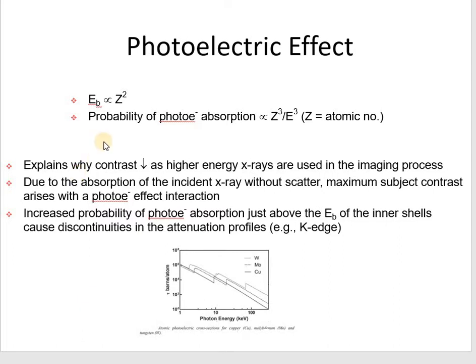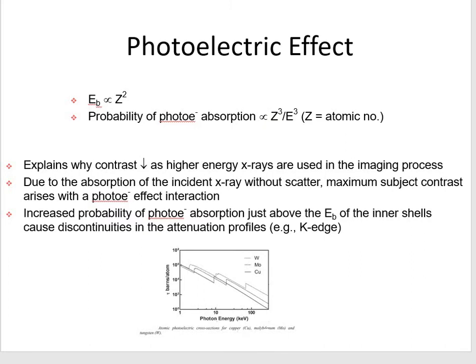Number 2, the probability of photoelectric interaction is directly proportional to the atomic number to the power 3. So with a slight difference of atomic number, there will be a huge difference in photoelectric absorption, because it is directly proportional to the atomic number to the power 3. So let's say you have two elements, one with an atomic number 4.